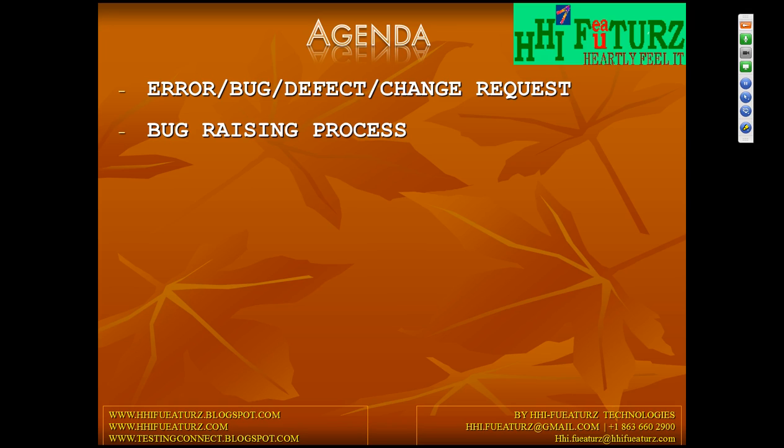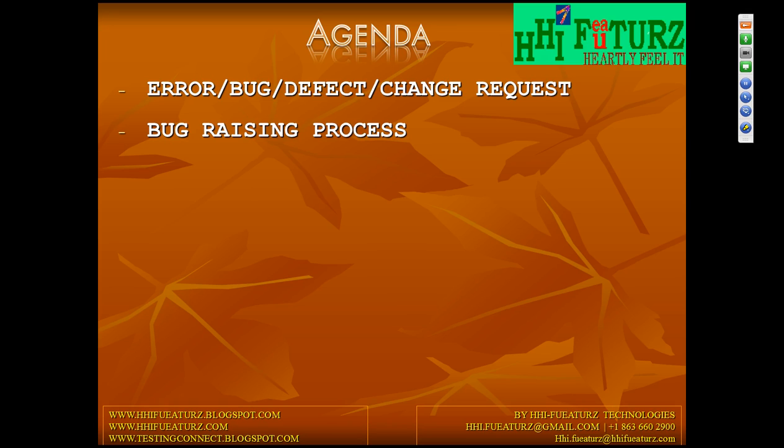What will the developer do? Even at this point, the developer will be making some code changes. In either case, whether it is a defect from the tester or a change request from the client, the developer will be making changes in his code.